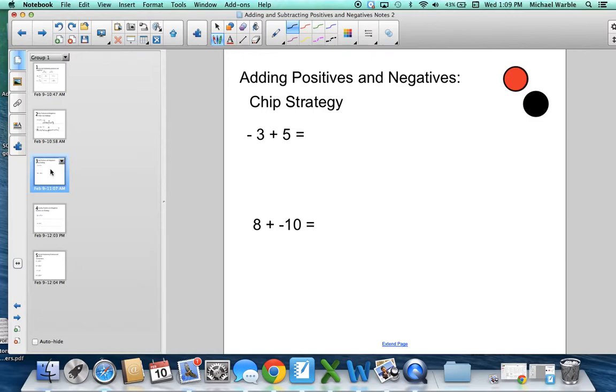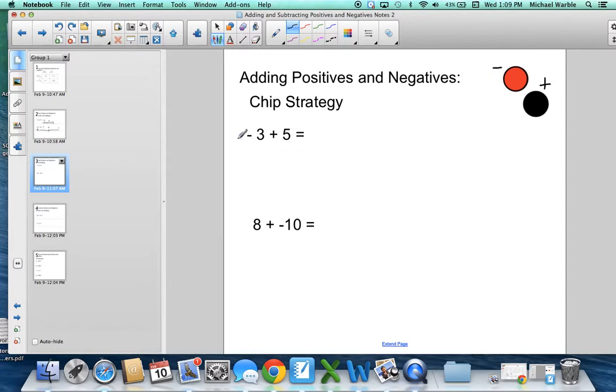We also used a positive and negative chip strategy, something that is useful for you visual learners out there. It's good to know that blacks are always positive and your reds are always going to be negative.